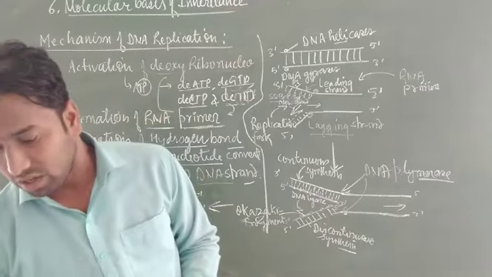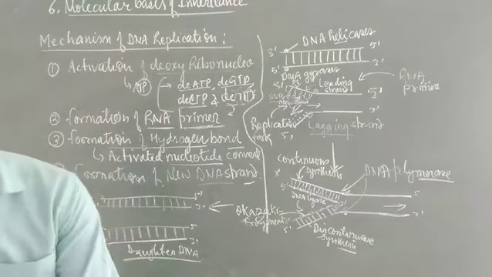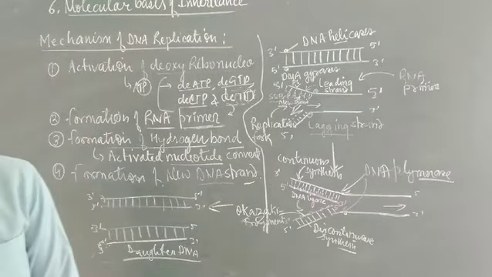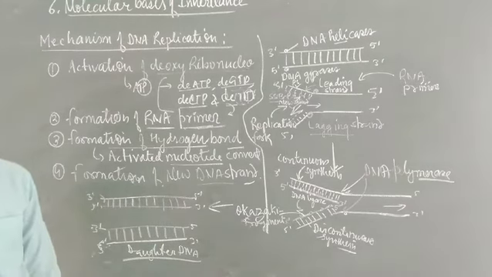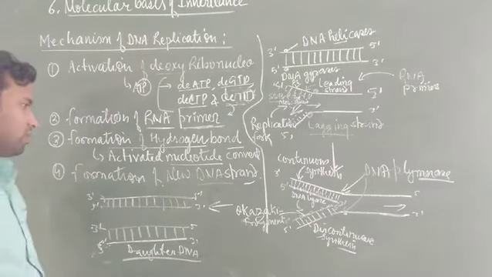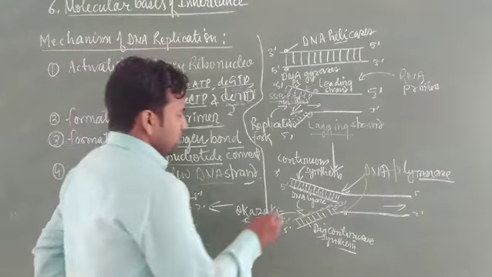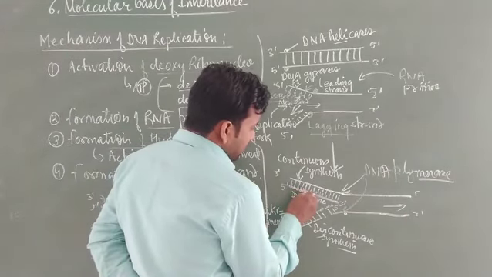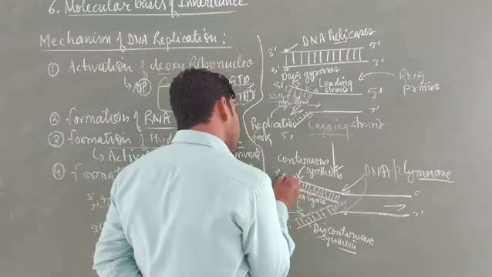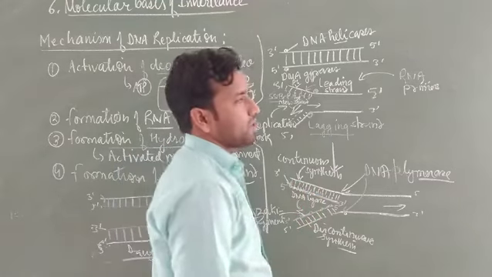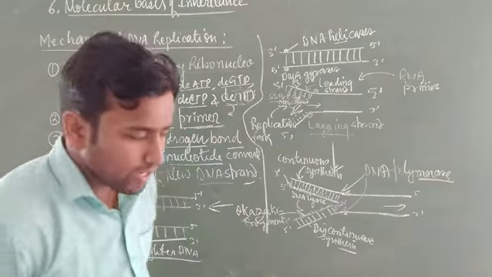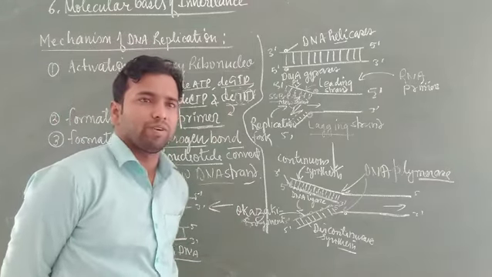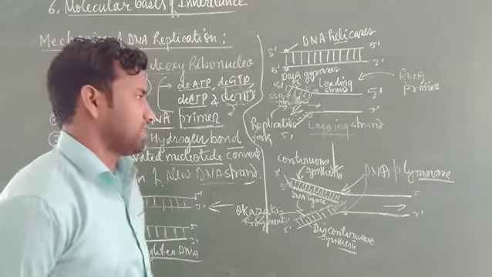Now some questions arise at these points. What is phosphorylation? How are each and every nucleotide joined together with the help of ligase? You know that each nucleotide joins one by one with the help of the phosphorylation process.